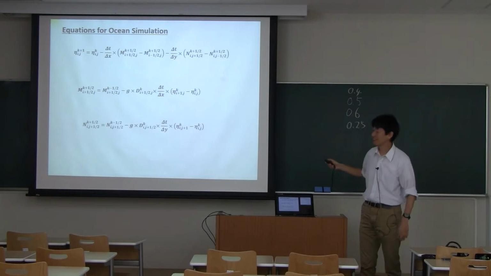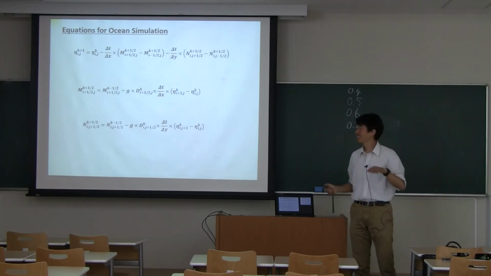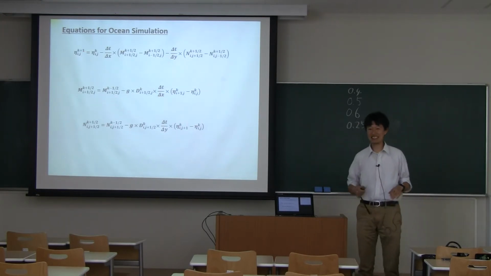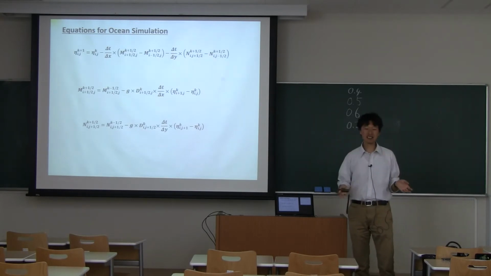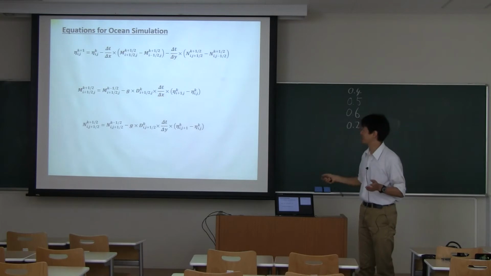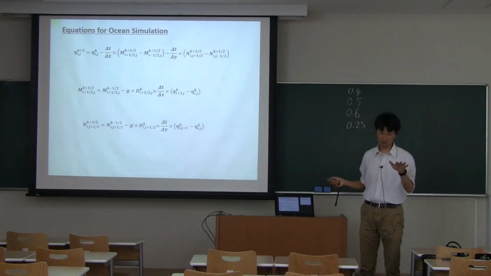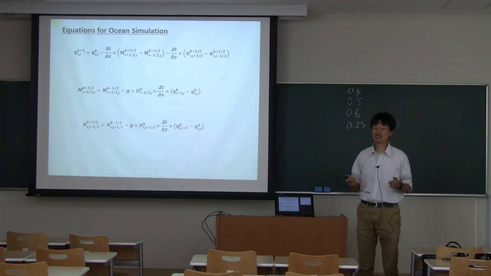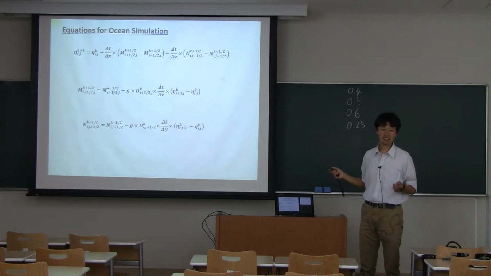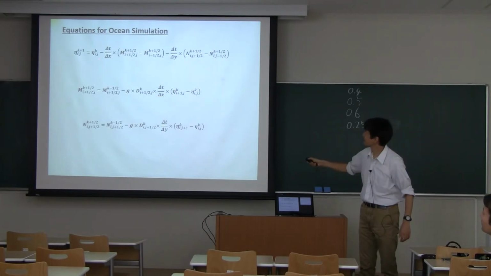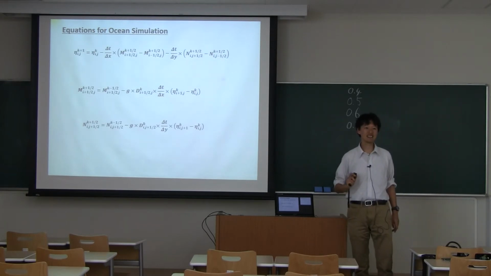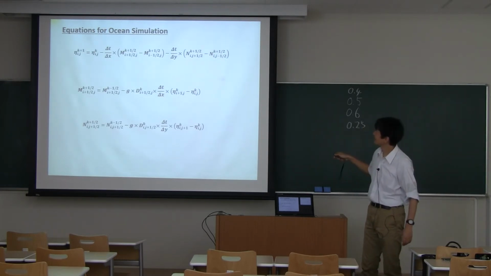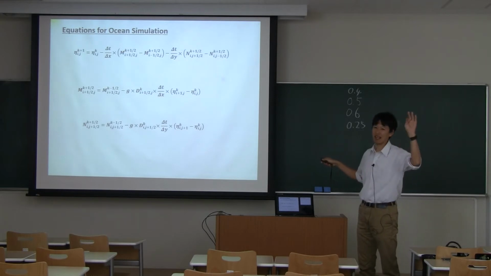The first one is the water elevation equation, and the second and third are the flux equations. At the moment, you don't have to understand the equation meaning exactly, but please count the operations in the equations. How many operations can you find? Operations means plus, minus, division, and multiply.